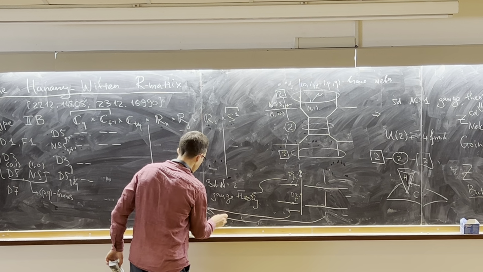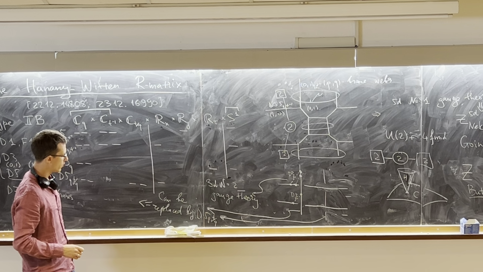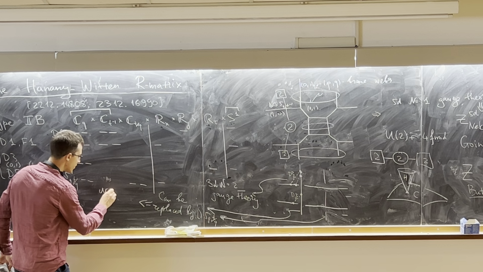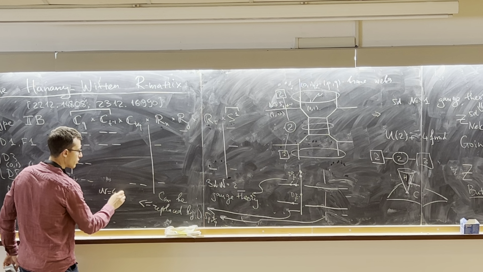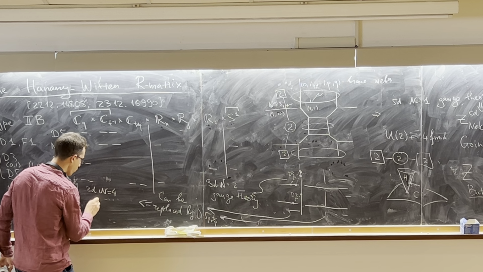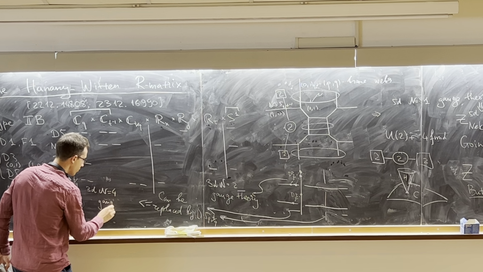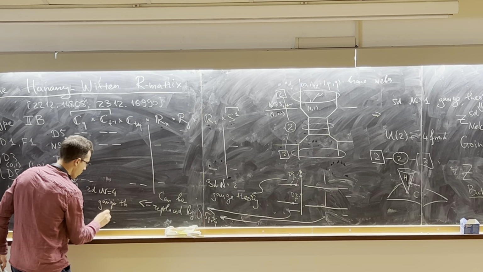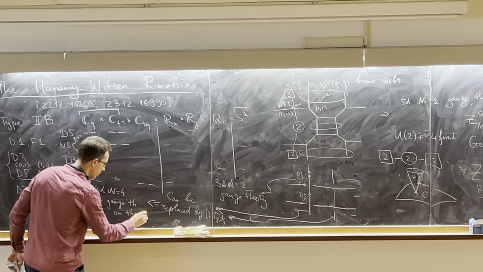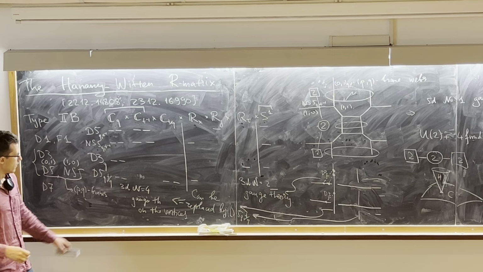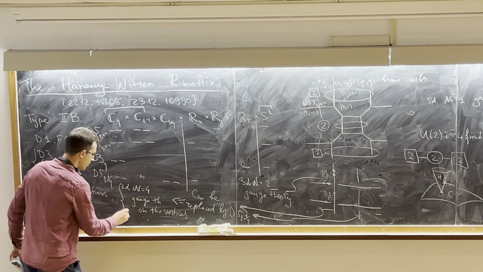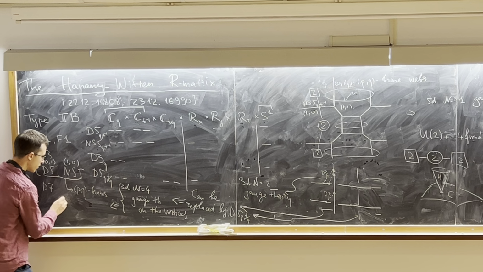If I trade all of them for this D5 T over Q, then this will enhance my supersymmetry for the 3D gauge theory. So this is going to be a 3D N equals 4 gauge theory on the vortices. And this is the setup which was considered by Hanany and Witten.